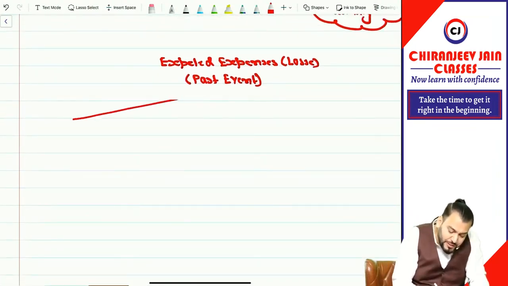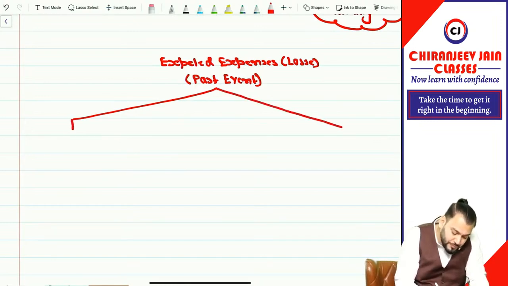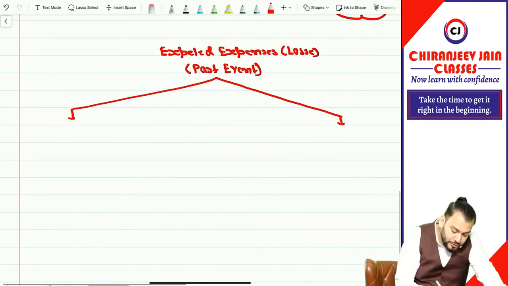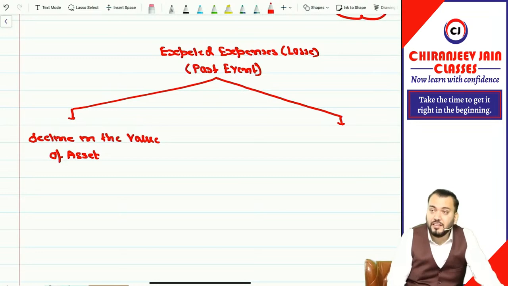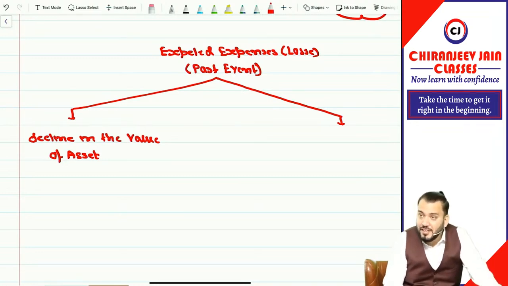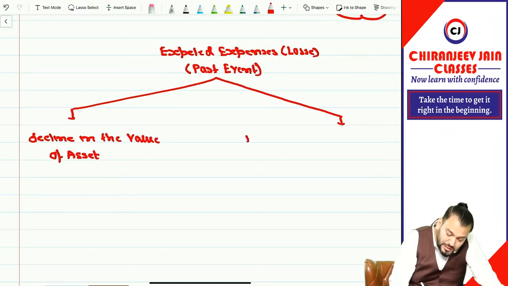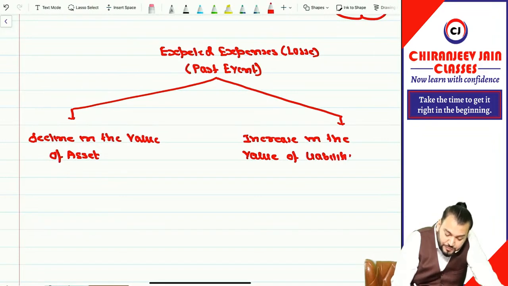So can you see, these expenses may be due to two reasons. Either due to decline in the value of assets, or due to increase in the value of liabilities.